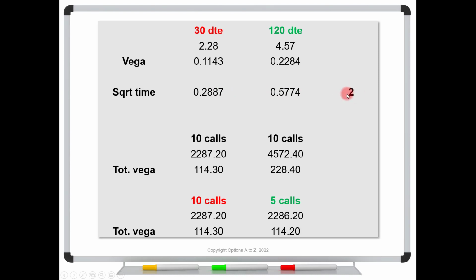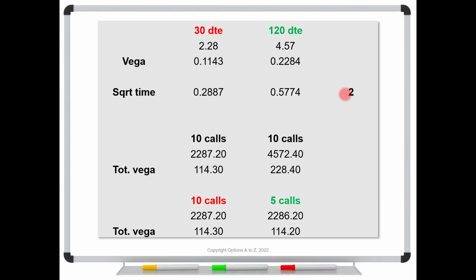So this is really the key. It's telling us that we have twice as much value, or at least we should have twice as much value in this option here because we have 4 times as much time. We should have twice the price in the option. We should have twice the Vega. But once again, we can't rely on that in the financial markets, which is why we always resort to the time. So now we can see that we've got this scaling factor of 2.